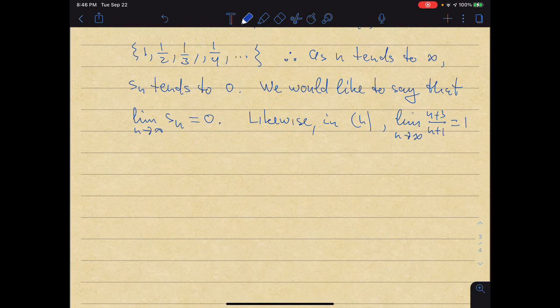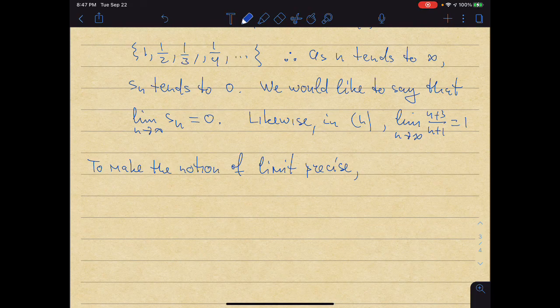Okay, so to make the notion of limit precise, we need to give an appropriate definition.